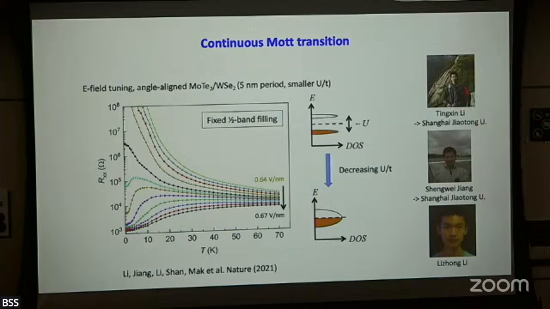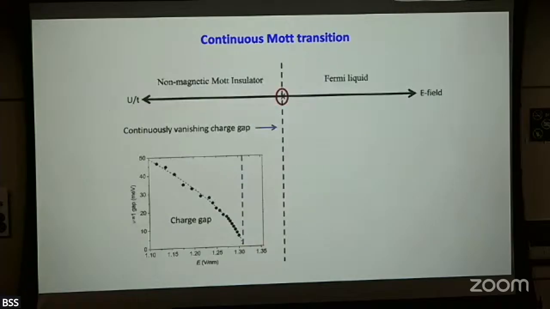You can also do the capacitance measurement, measuring the size of this gap as a function of displacement field. And you can also fit this to find the A coefficient to see how it changes with the tuning parameter, which is the displacement field, and put everything together.